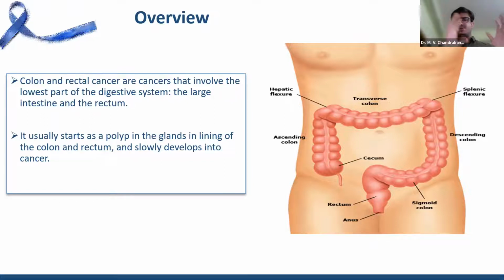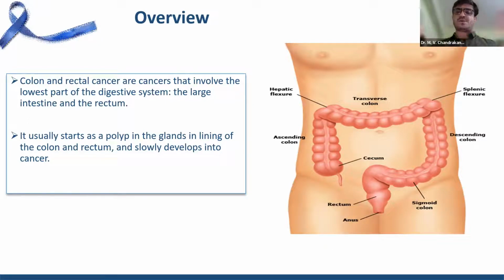So right colon cancers are bad. Left colon cancers are better, in the sense they are not that bad. And more importantly, right colon cancer presents with bleeding or blood loss. They don't usually cause obstruction. For example, in a 70-year-old man coming to you with repeated fall in hemoglobin or low hemoglobin, we always look for a primary in the right colon. They are not obstructive. The left colon presents with obstruction.